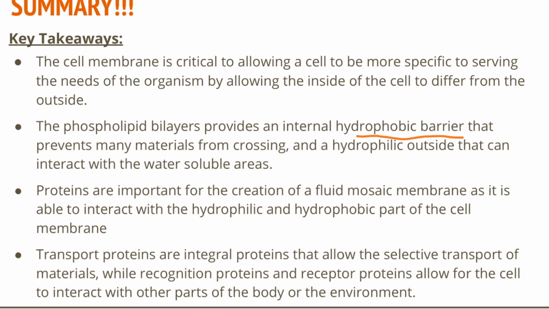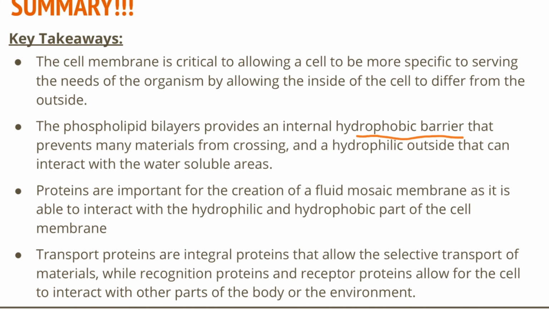And the outside and inside of the cell are touching the hydrophilic side of the phospholipids that make up that bilayer. And because proteins can be hydrophobic and hydrophilic, they're allowed to be part of the fluid mosaic membrane, I should say, that is so critical to allowing the cell to do reactions and to facilitate transport of stuff that can't naturally cross the bilayer.